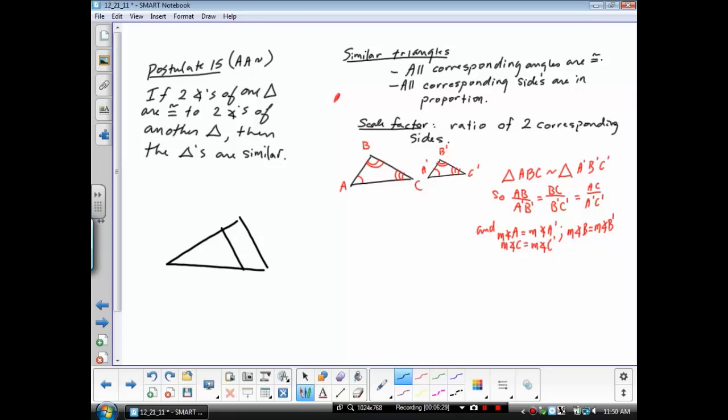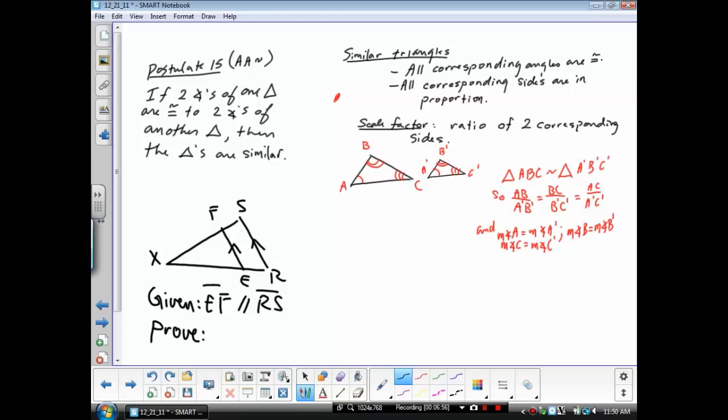And in this figure, I have XFS and ER. I am given that EF is parallel to RS. So I'm given that these two sides are parallel.